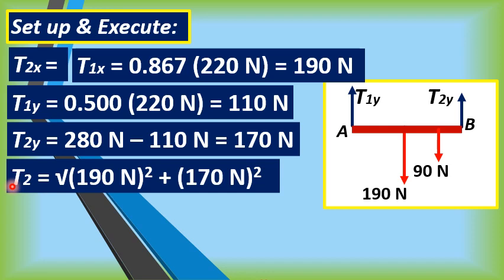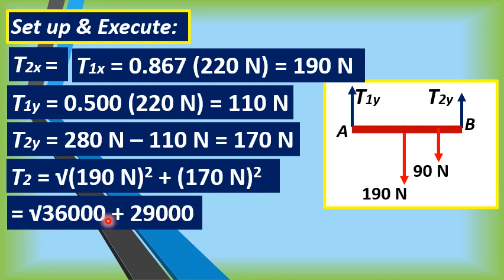That is the square root of 190 newtons squared and 170 newtons squared. So doing our math, we will get the value for T sub 2 equal to 255 newtons.